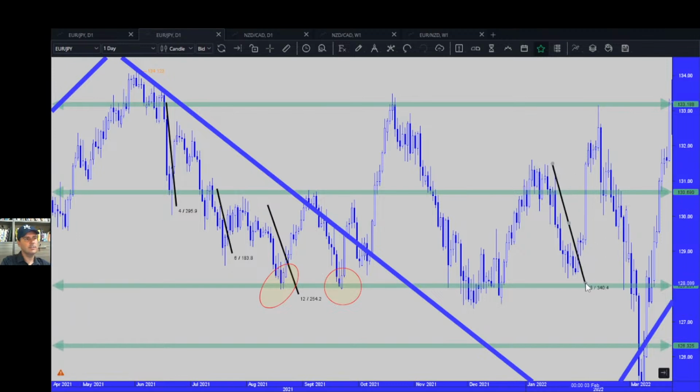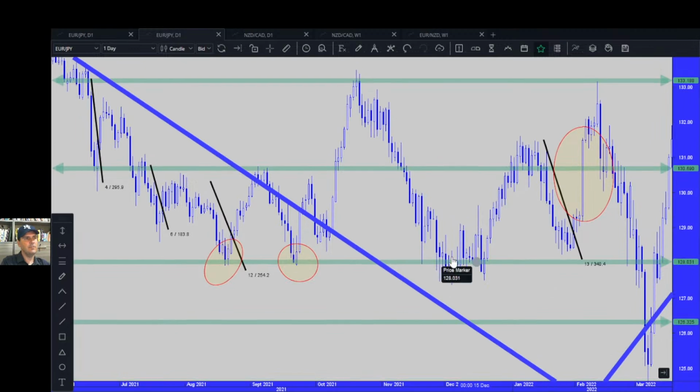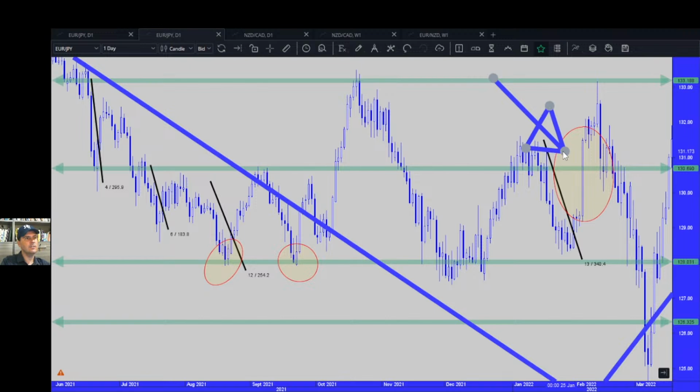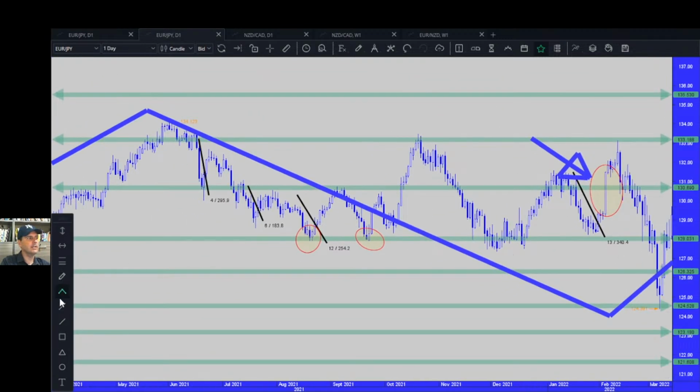Look in here. This might be a news event. This is the daily chart. This might be some news event. Look at this candle. If you buy in here, do you see the short-term trend going up?